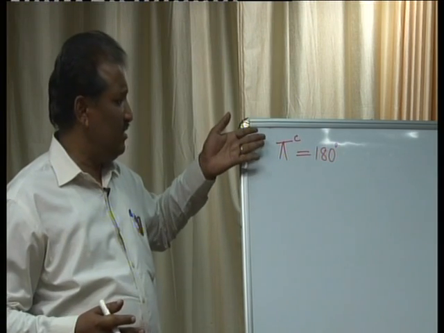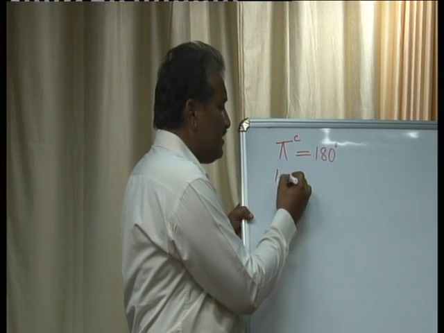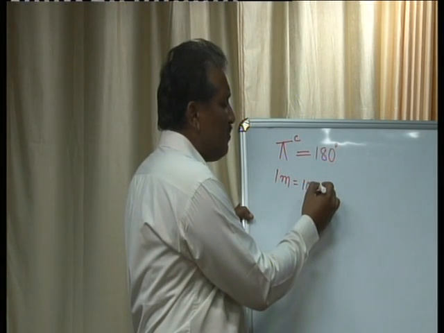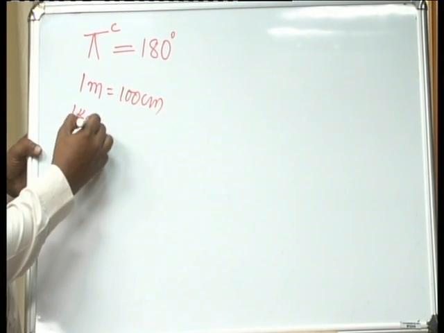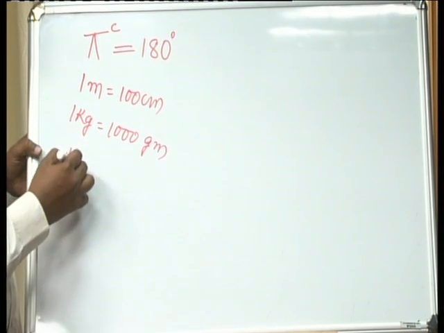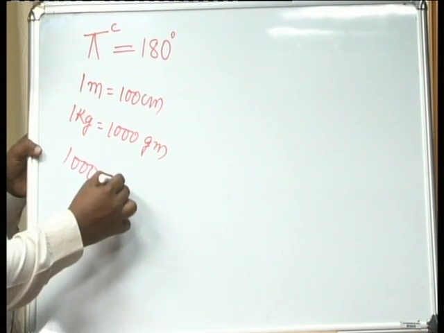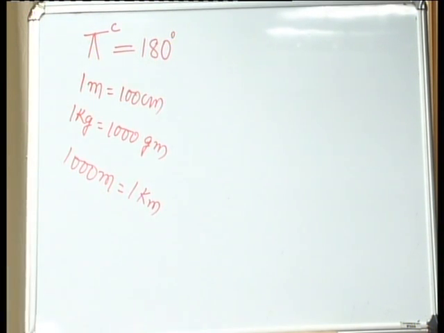If you are unable to recall this one, you can say 1 meter is equal to 100 centimeter, 1 kilogram is equal to 1000 gram, 1000 meter is equal to 1 kilometer, like this. Meter and centimeter are 2 different units representing a physical quantity, length.